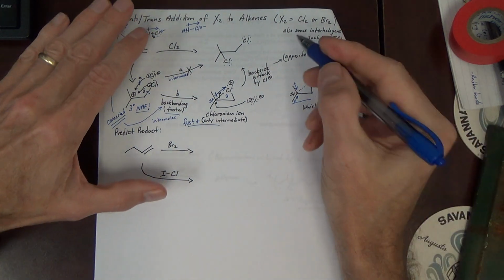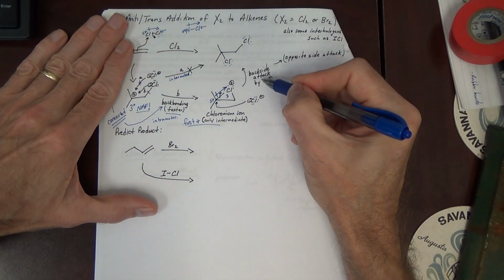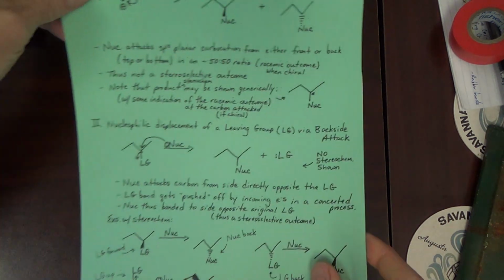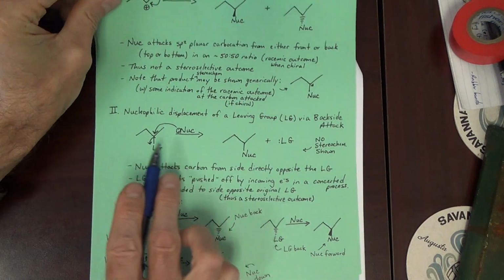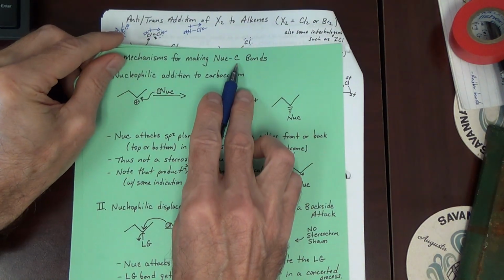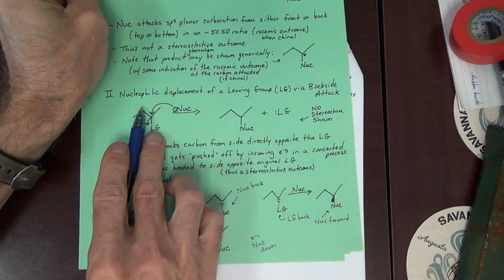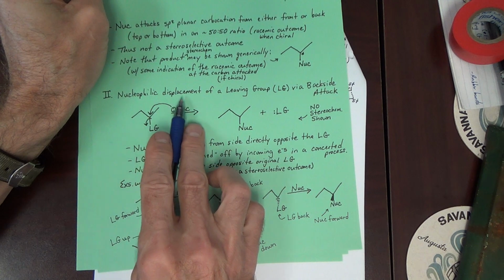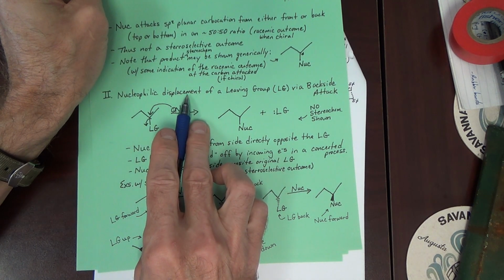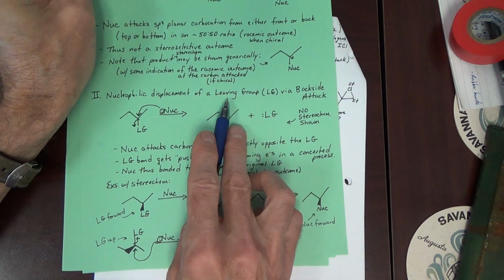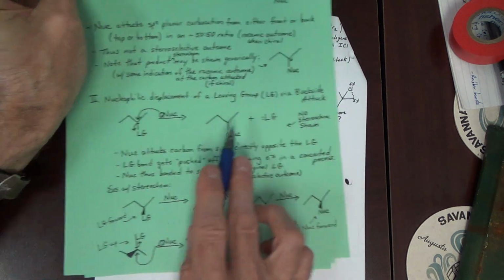And this is called backside attack. And if you remember, I showed you in the general handout, the second way to make a nucleophile-carbon bond is for the nucleophile to displace, or sometimes I'll say kick off, a leaving group via backside attack.